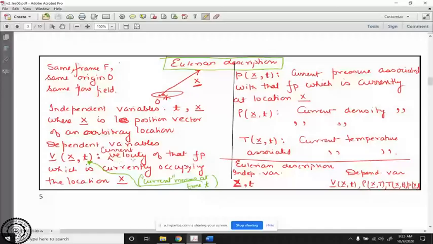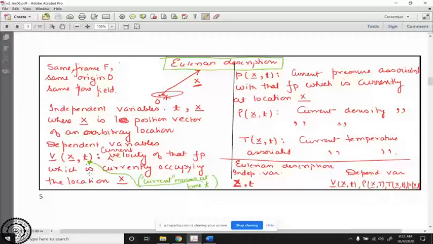Now velocity has to be associated with a fluid particle. So which fluid particle? You are not identifying any fluid particle. There is no favorite fluid particle on your part. But velocity has to be associated with a fluid particle. What is that fluid particle? Current velocity of that fluid particle which is currently occupying the location X. Which one is that?